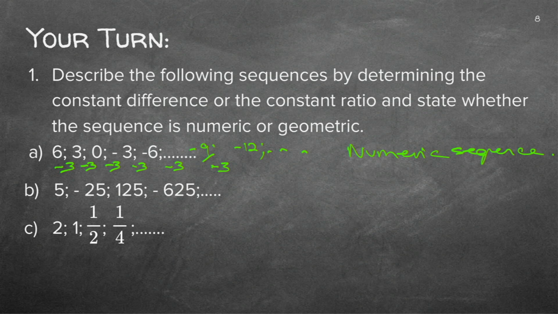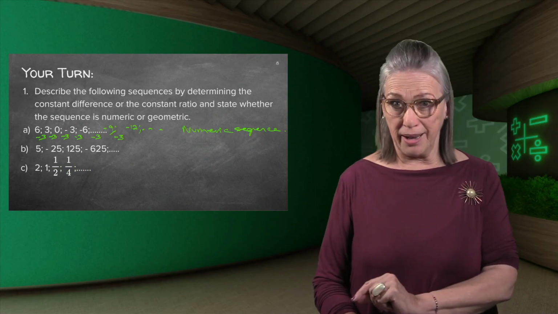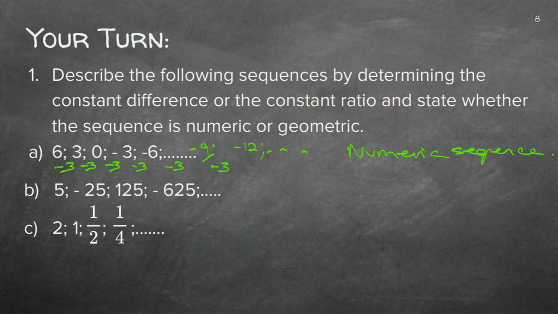Okay, let's look at the next one. 5, minus 25, 125, minus 625. Because we've done this in an example, I'm certain you got this one, right? The minute there's a plus, a minus, and a minus, we know that we're going to work with a negative number. From 5 to minus 25, we're going to multiply by minus 5.